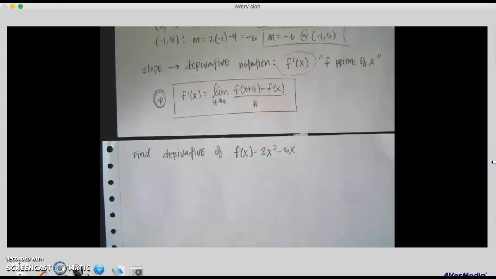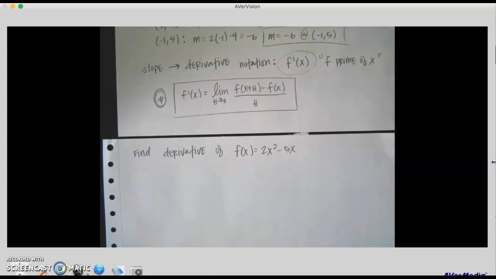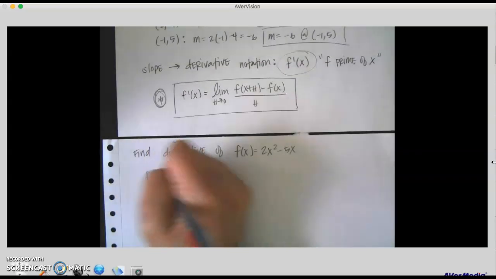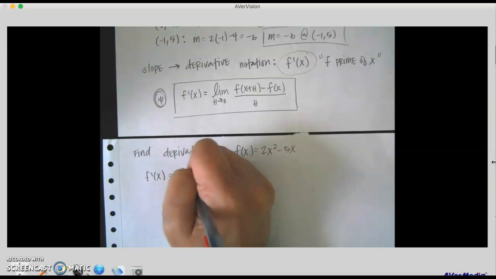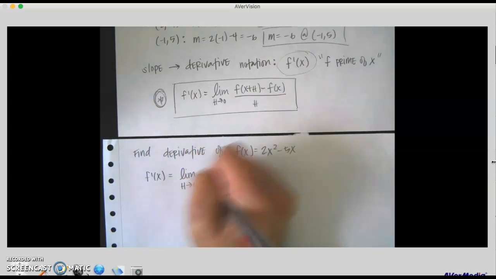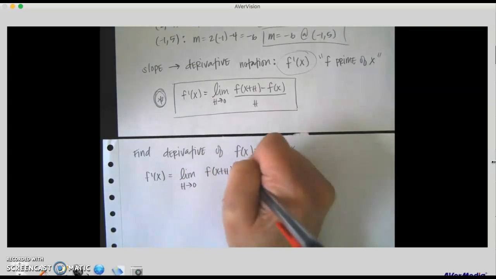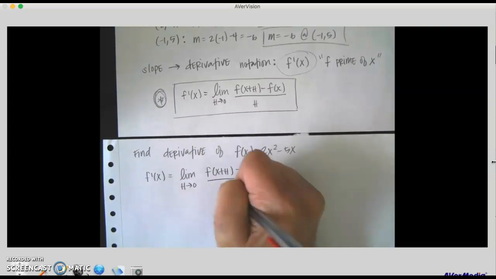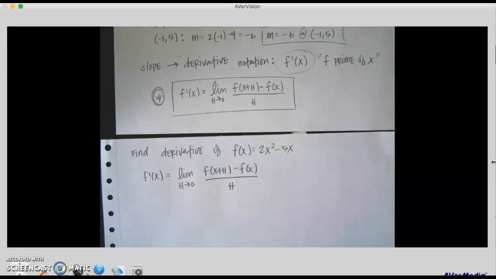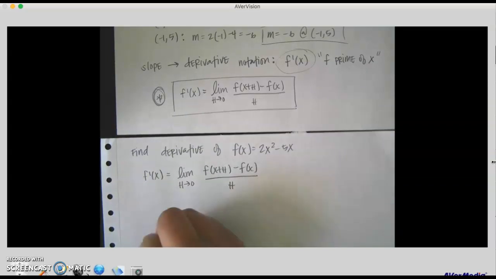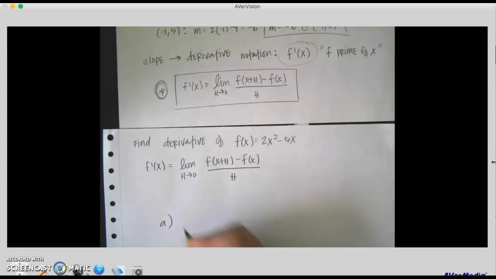To say derivative rather than slope. So our notation, f prime of x, equals the limit h approaches 0 of f of x plus h minus f of x all over h. Okay. So I want you to try that. You remember how to work it out already, and see if you get these answers.